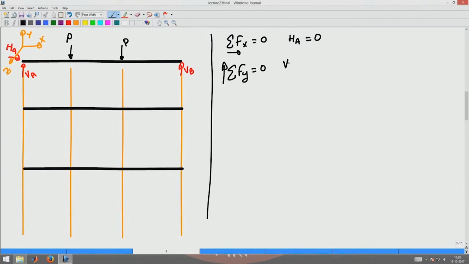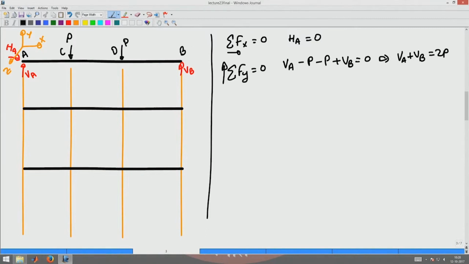That will give me Va minus P minus P plus Vb equal to 0. This will give me Va plus Vb is equal to 2P. To name the locations, this is A, this is B, and the points of action of the loads are C and D respectively.